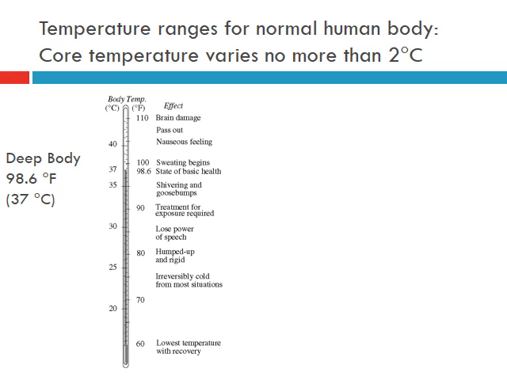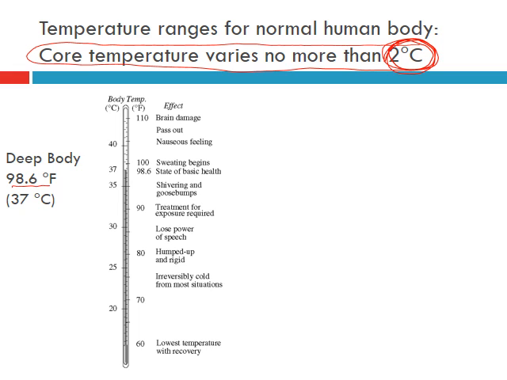Temperature range for the normal human body is very small. The core temperature varies no more than 2 degrees. Any more than that can be quite disastrous.